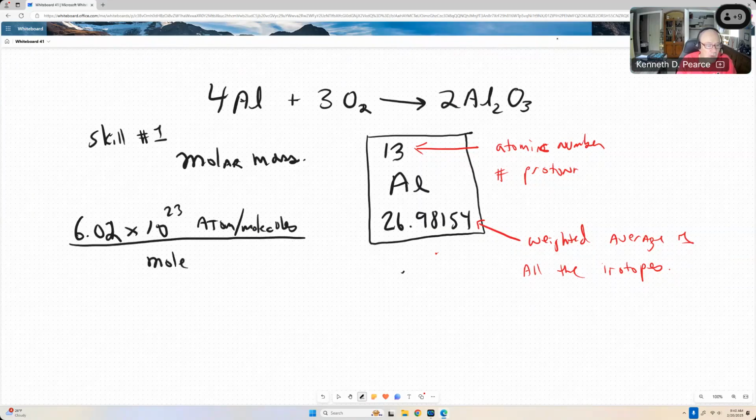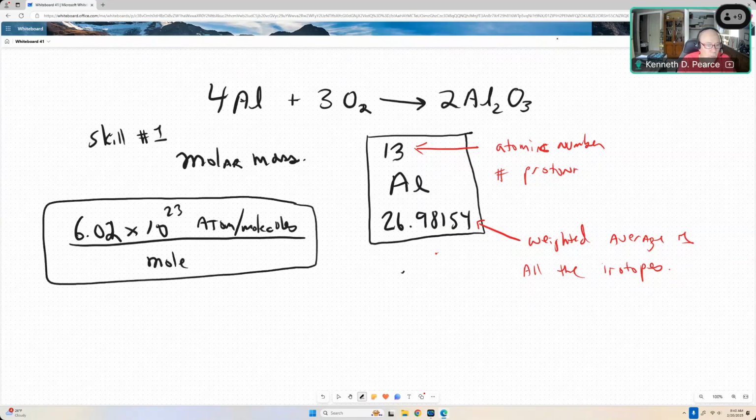This is a mole. Now, this is a counted number. Actually, it's 6.022 or 6.223948, whatever, and it goes on and on, tons and tons of digits.